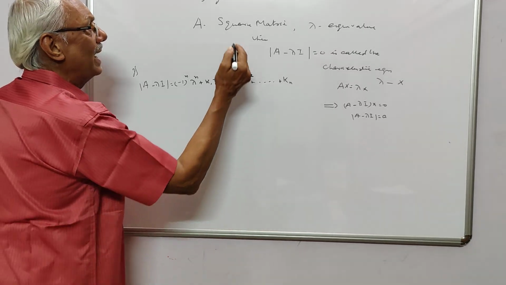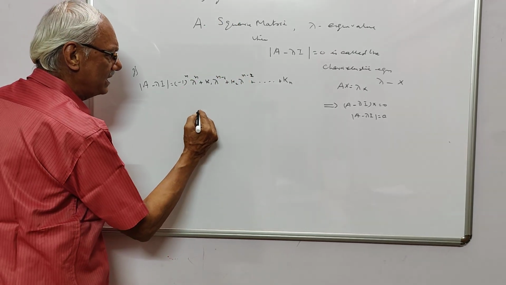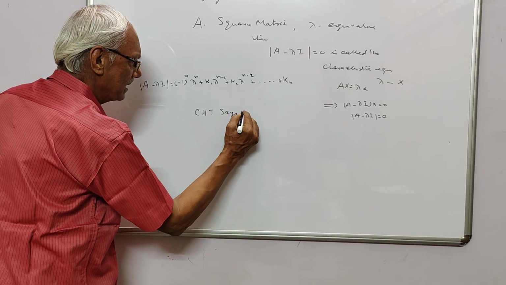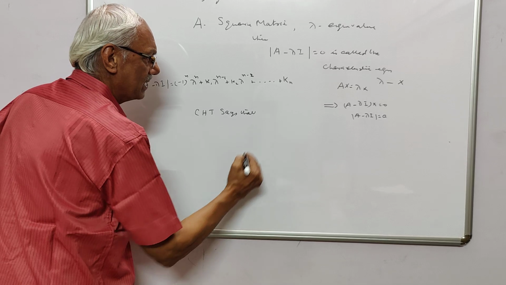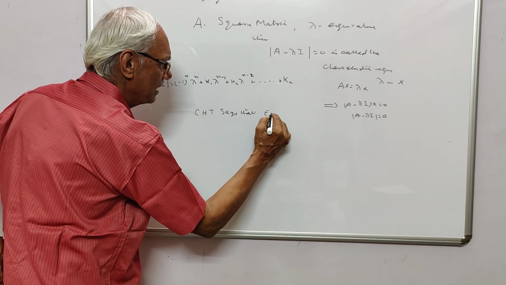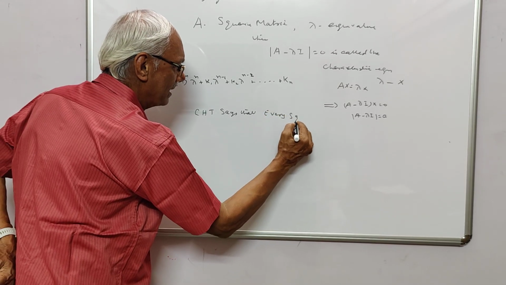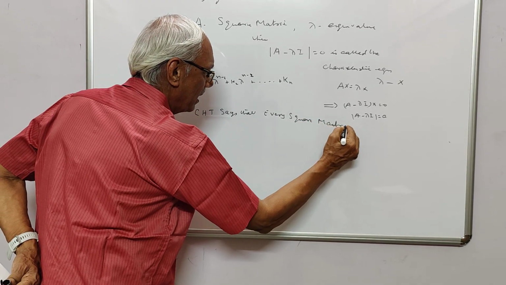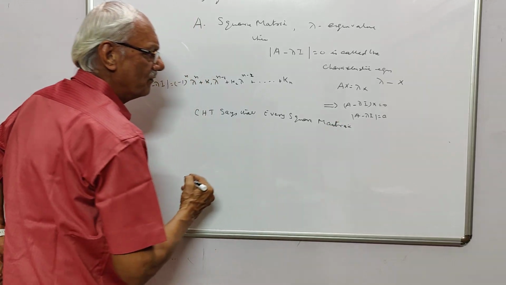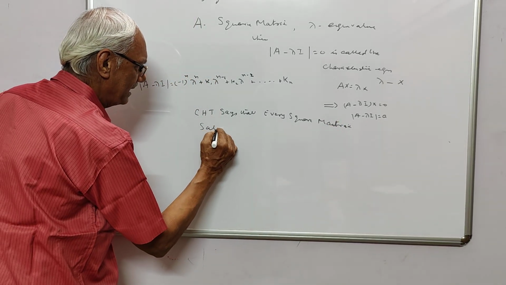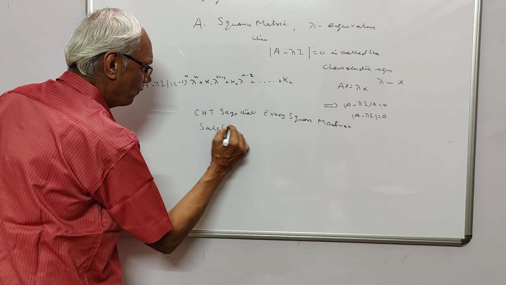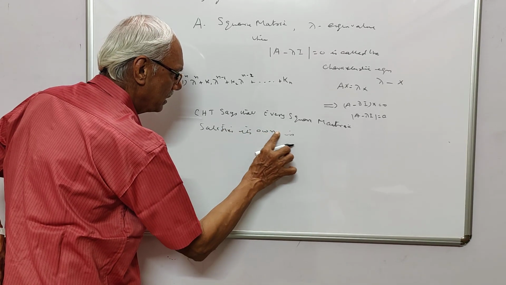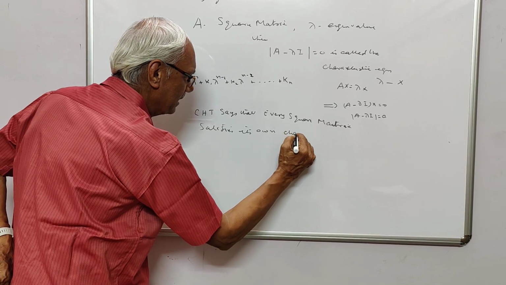Now as per this, what Cayley Hamilton theorem says is that every square matrix satisfies its own characteristic equation.